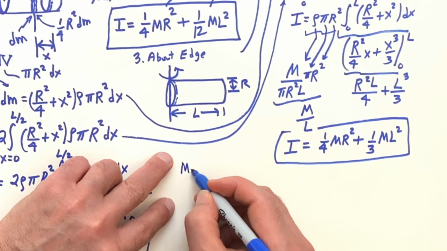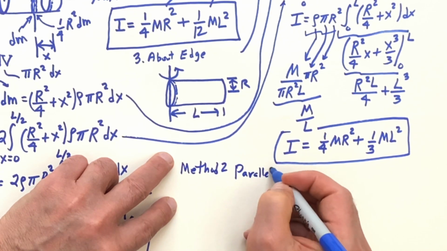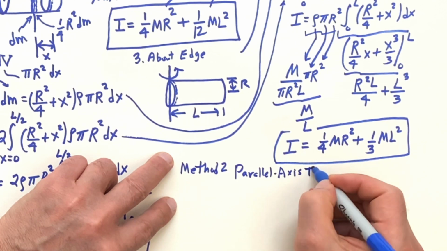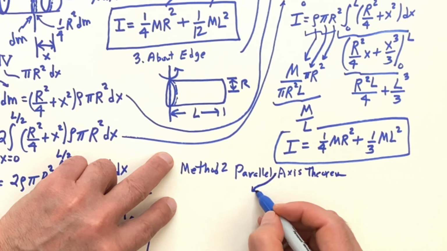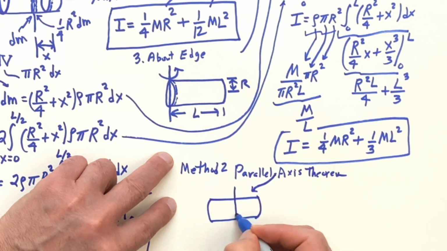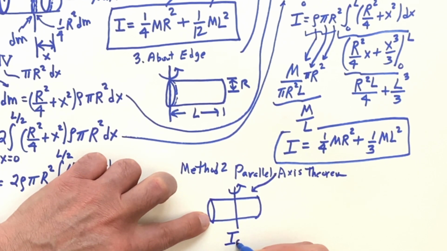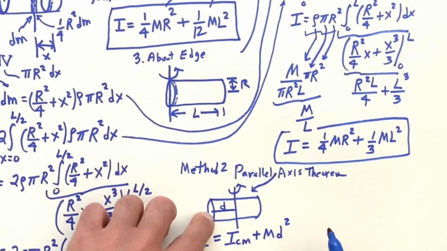Now let's do method 2 to do this same problem, and let's use the parallel axis theorem. And to use the parallel axis theorem, this is about the center of mass, and about the edge will be adding m times the distance d from the center of mass.